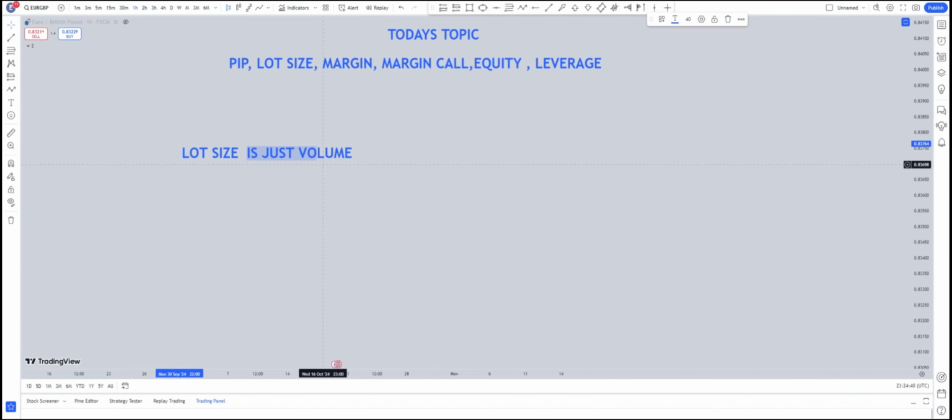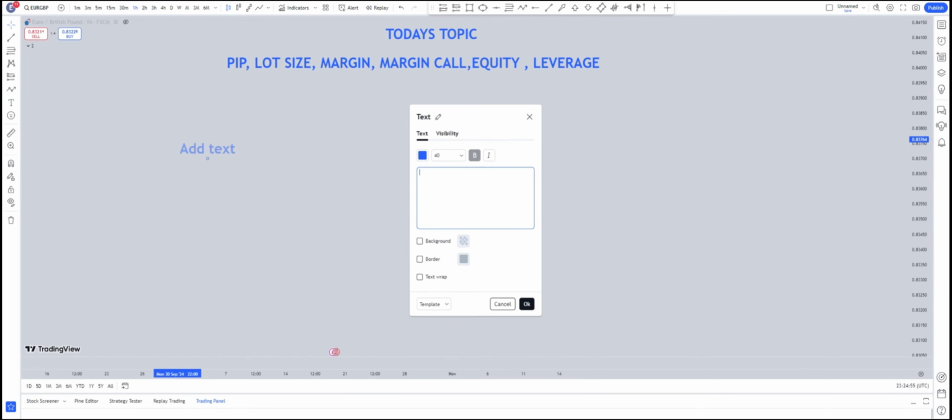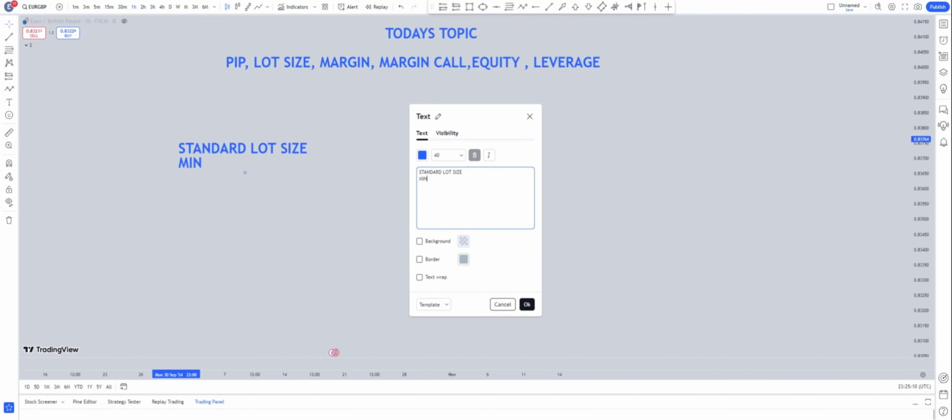Lot size just means the volume which we use in trading in the financial market. So this volume or size can be measured in three ways. We have a standard lot, we have the other one which is called mini lot size, and we have another one which is called micro lot size.